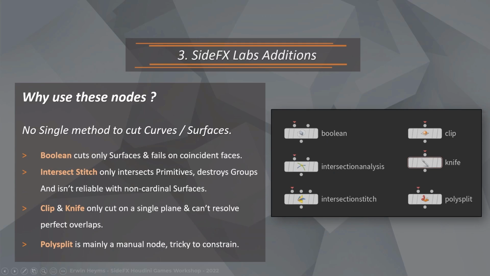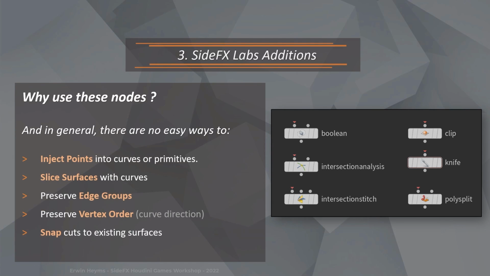And then next, when it comes to cutting curves, so not just using a polycut on a point to cut at that point, but maybe we actually want to inject a new point on an edge where there's no point, right? So there is no easy way to take a point and place it on top of a surface and then just inject it into, say, the edges of that surface. There's no standalone node that does it for us.